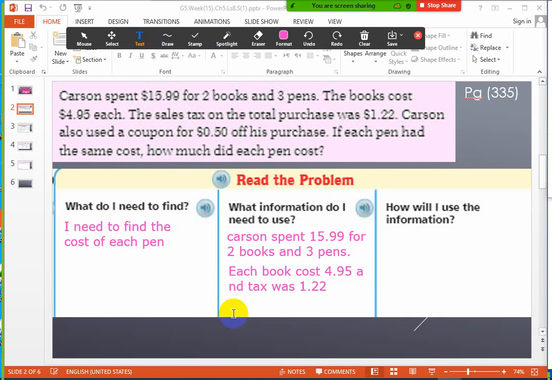So also I have to write this number. He used a coupon for $0.50 off. Okay.